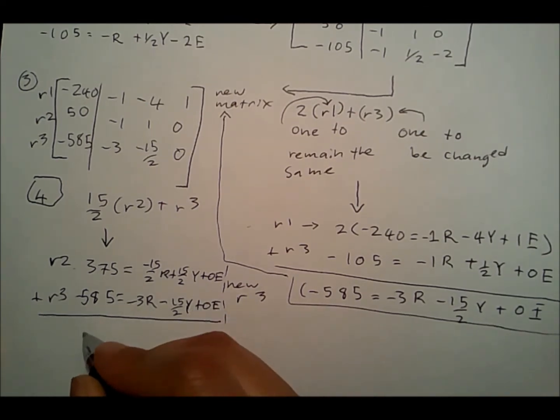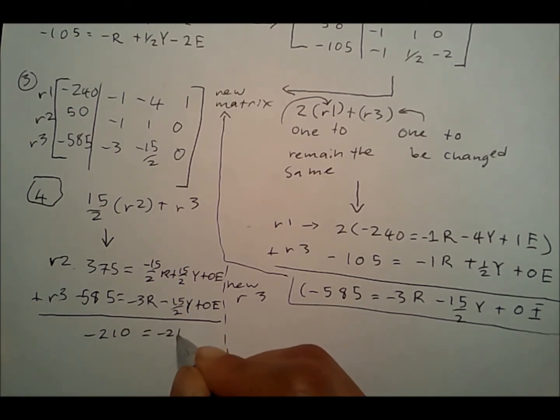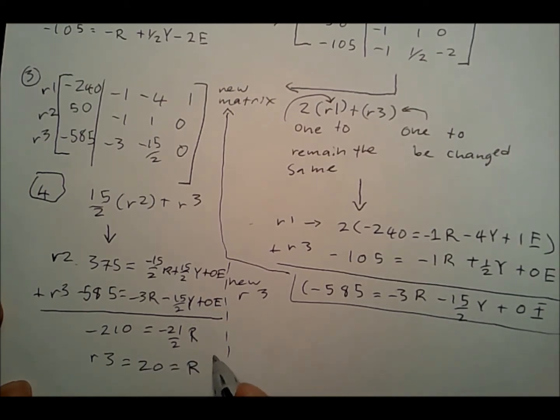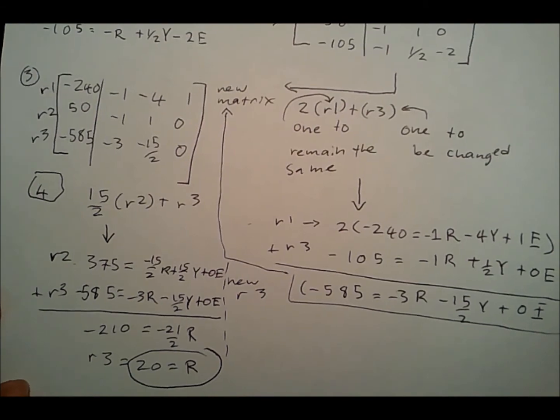And of course we're just taking these equations straight from the matrix and rewriting them. So this is going to equal negative 210 equals negative 21 over 2r, which, since we can simplify this, we can get row 3 equals 20 equals r, because we only have one variable. And we can use this to solve for the other variables.